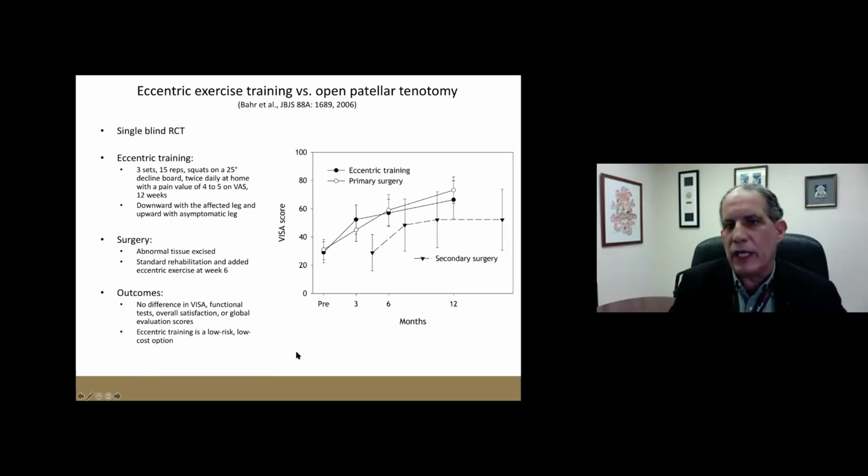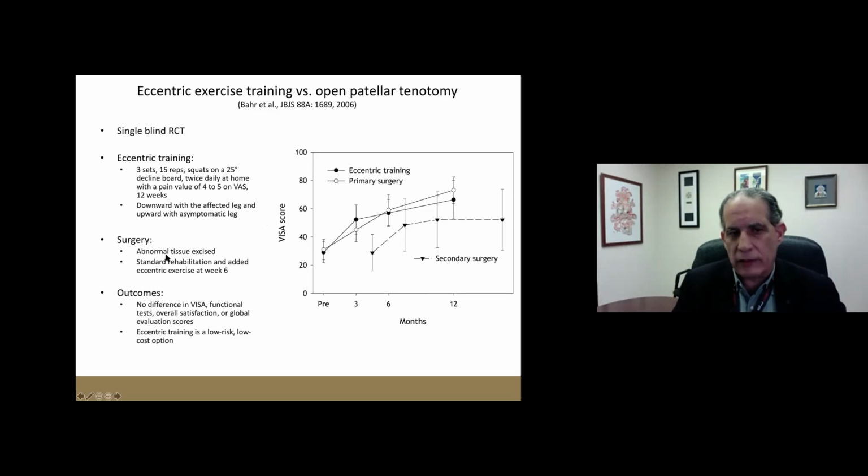Here they did something interesting. They compared eccentric training with surgery, because at the time surgery was one of the first options. And they did eccentric training like this, 3 sets of 15 repetitions on a decline board, similar to what I showed before. Downward with the affected leg and upward with the asymptomatic leg.